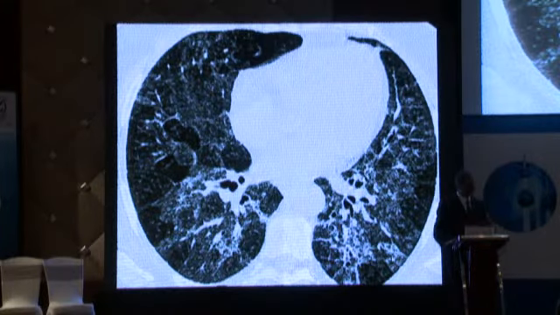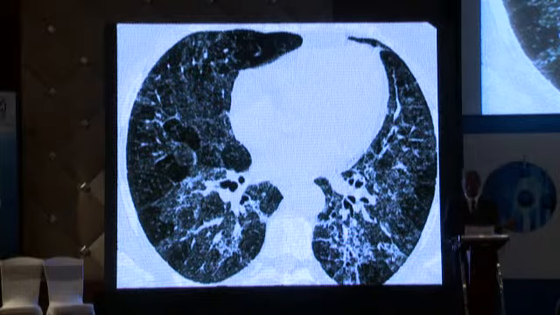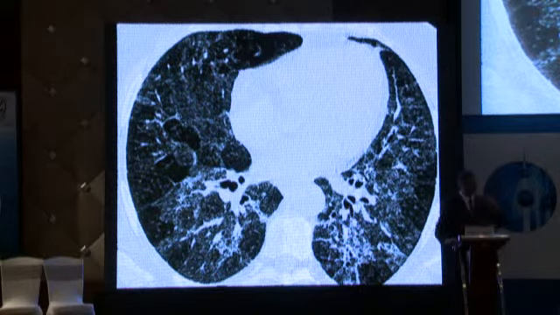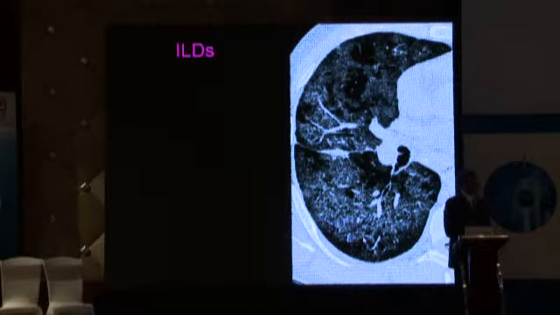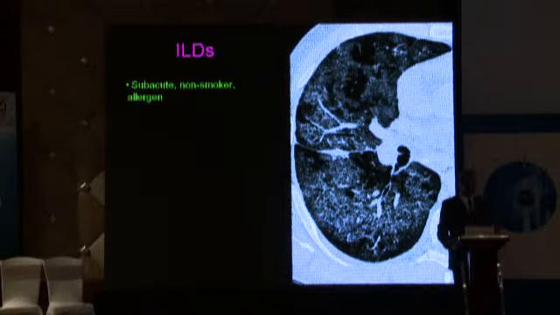Ground glass attenuation is increased opacity without obscuration of the underlying vessels. And this can occur because of fluids, cells, anything that can impact the interstitium and the alveolar areas. It's one of the most non-specific signs possible, and the same pattern can mean different things depending upon the presentation.